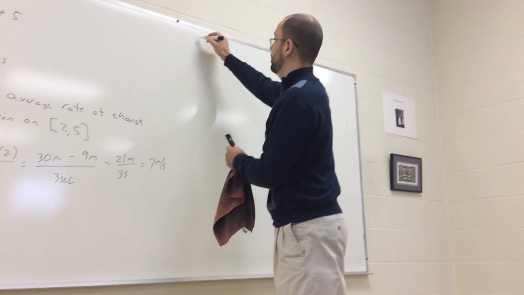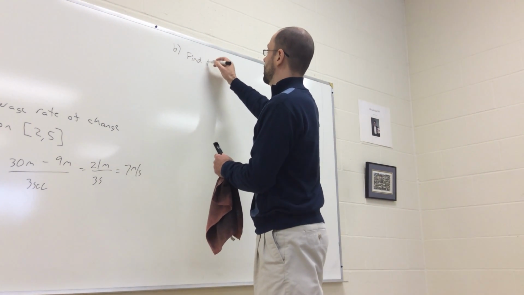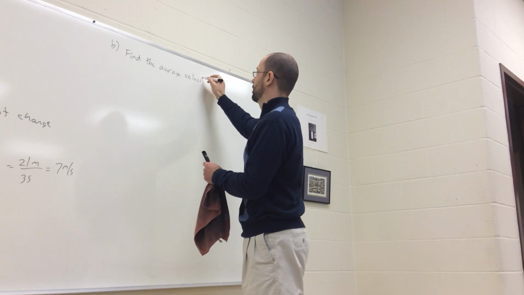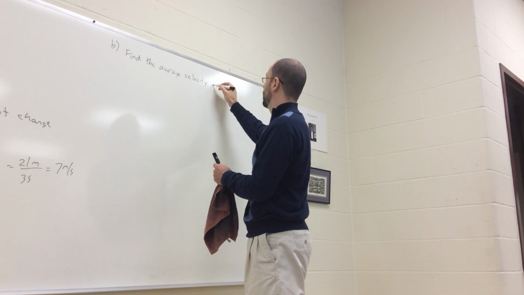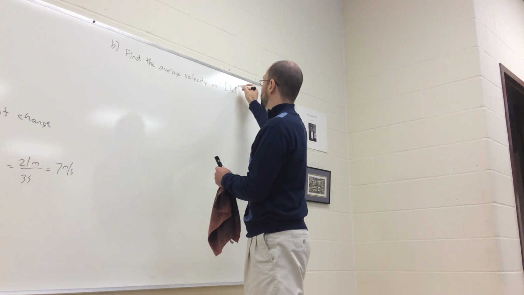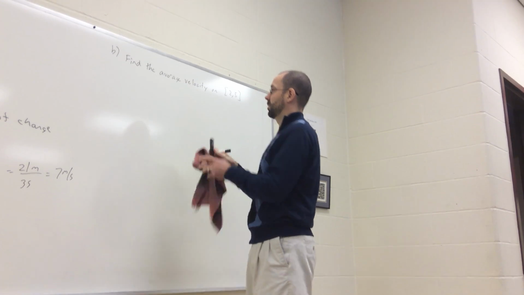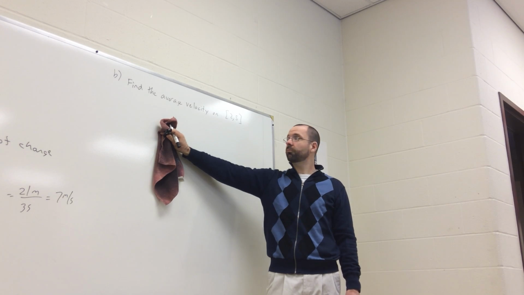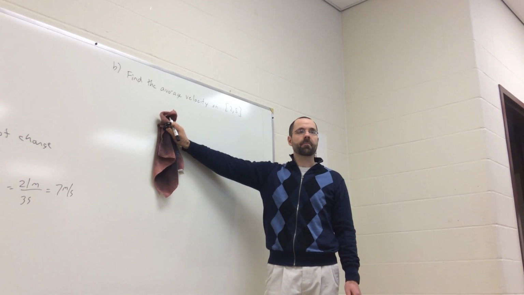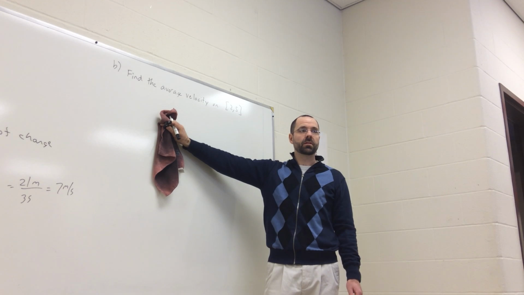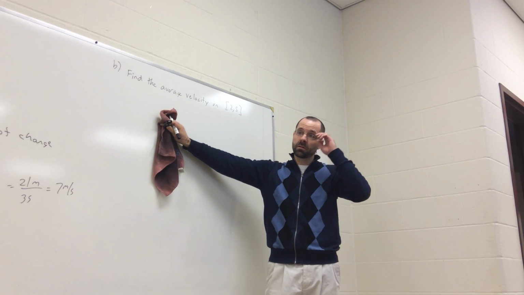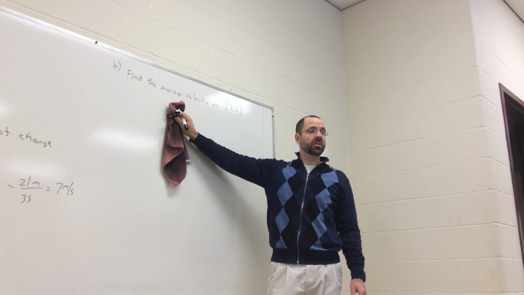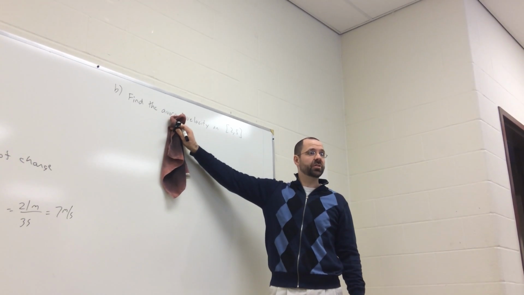Okay, now for part B, we're going to find the average velocity on the time interval [2, 5]. Now this is a chapter 5 problem, because it's talking about the average of a function.